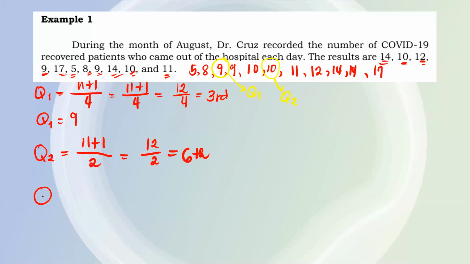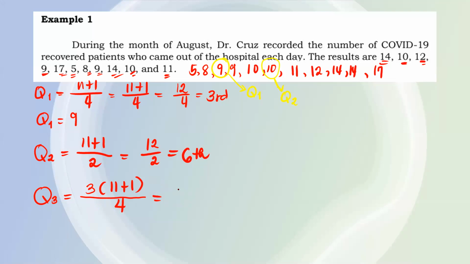Next, the third quadrant is 11 plus 1 divided by, or should I say, since this is 3/4, that's 3 times 11 plus 1 divided by 4.